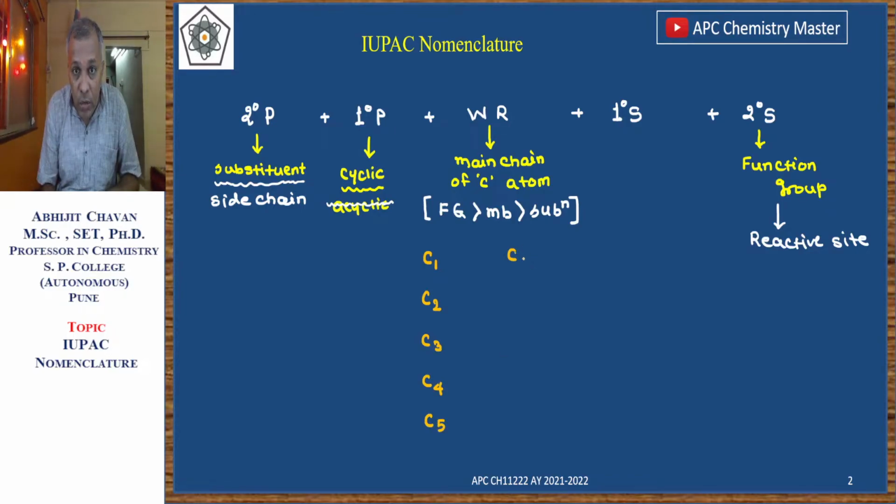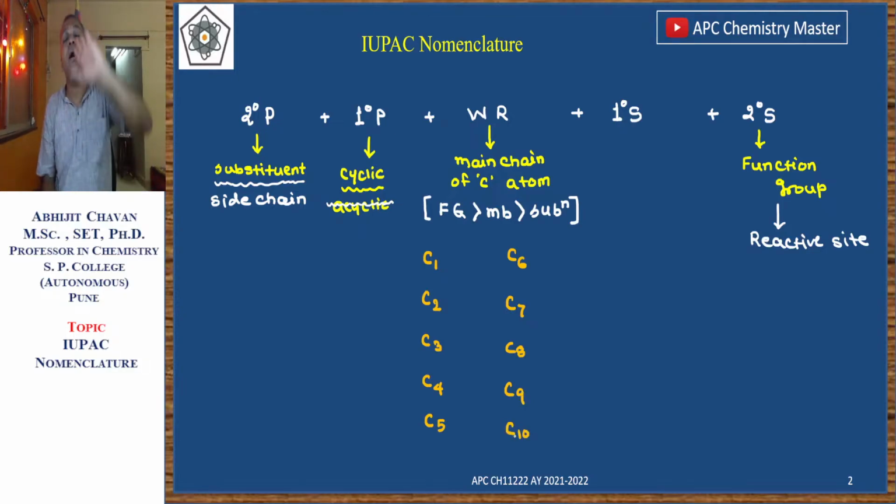Similarly, it may have 6, 7, 8, 9, 10 carbon atoms, or 100 carbon atoms, anything. For simplicity, we just consider up to 10 carbon atoms. If in the main chain, that is the longest chain which we call the main chain, there is only one carbon atom, we use the word root as meth.